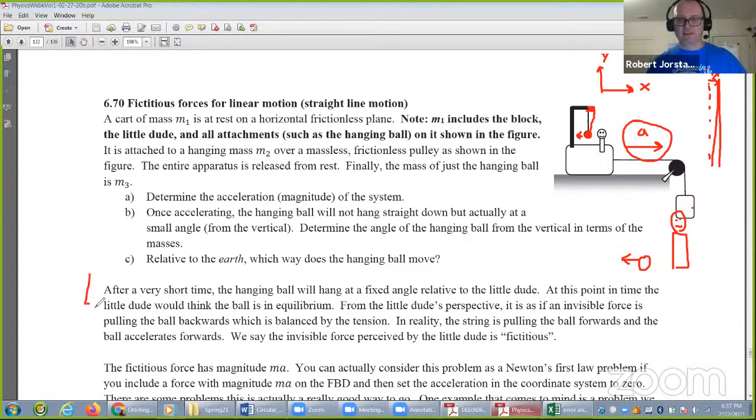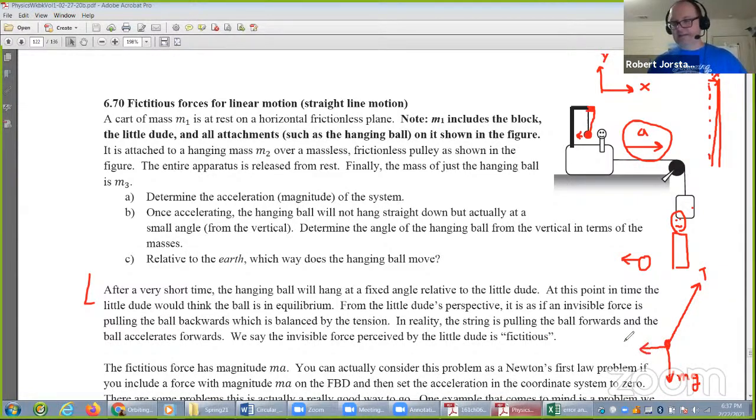You could read all this. Now, here's something crazy. From the little dude's perspective, and I'll get to the chat in just a second, there's a tension here, right? And then there's a force down here. It looks like there has to be a force to the left.